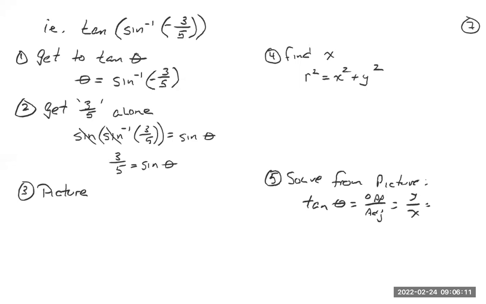I have to get the value by itself alone, and I'm going to follow the same steps to do that. But my picture is going to change, because the arcsine is negative in quadrant 4.